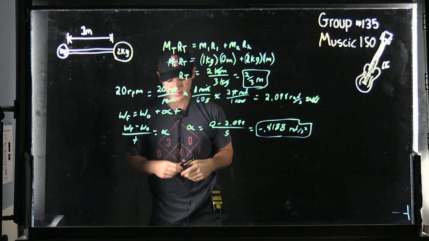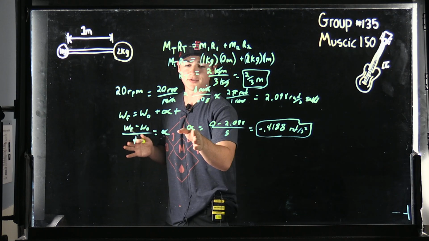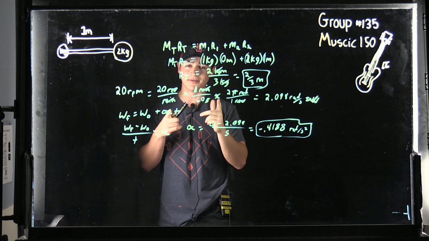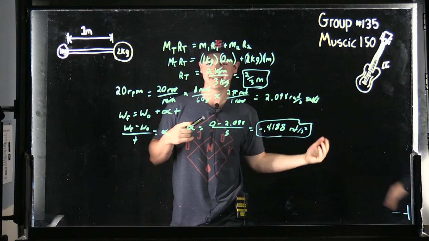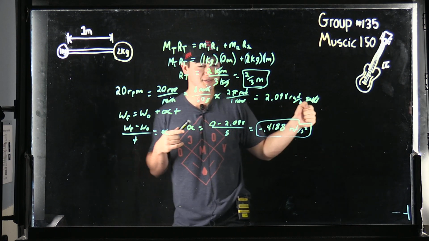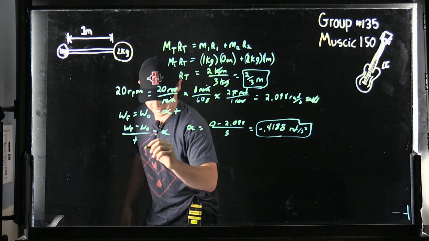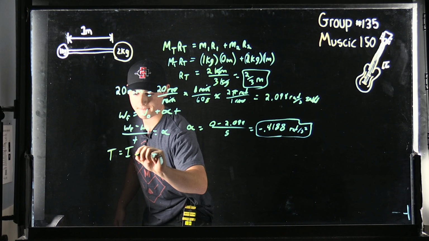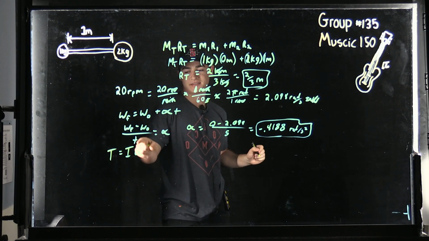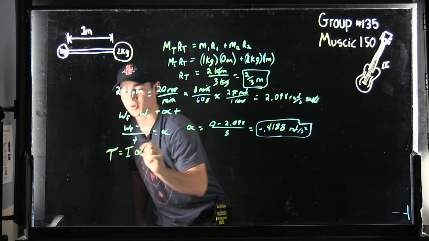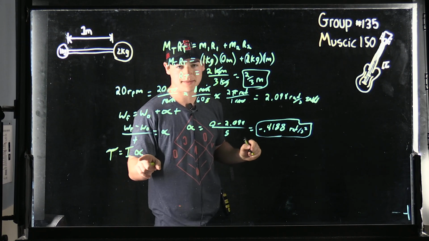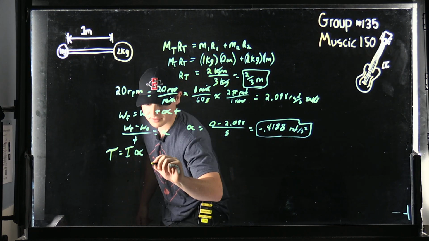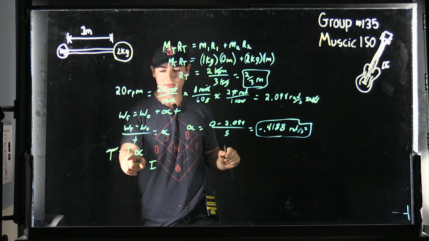All right. Now what do we do? We got angular acceleration and we got center of mass. Well, I know what to do. We got this equation. That is torque equals I times angular acceleration. And you might be wondering what I is.